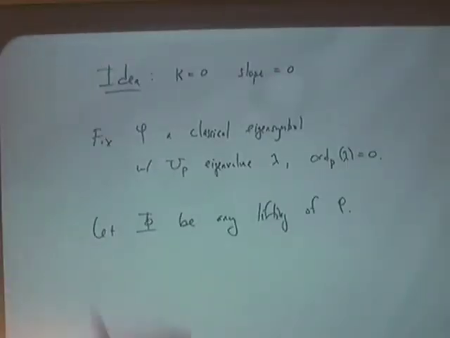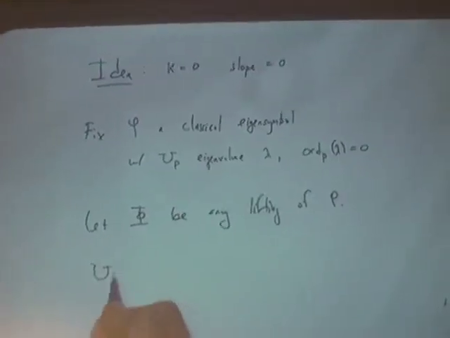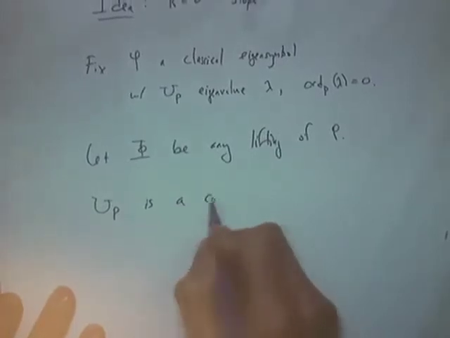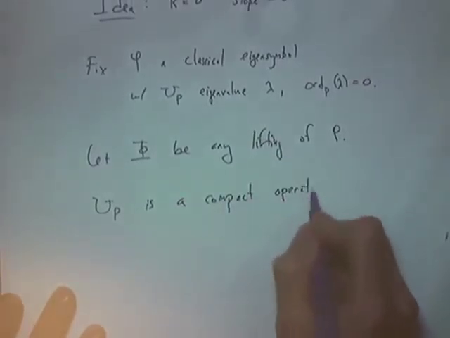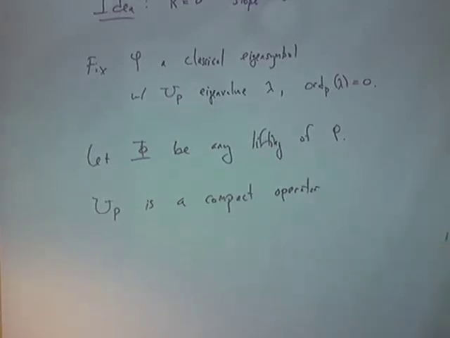And just a little bit of terminology. U_p is a compact operator on these spaces of overconvergent modular symbols, or people use the word completely continuous. They're synonymous. This is a phrase from functional analysis, even if there's nothing p-adic going on. It's just a nice operator. And in particular, compact operators have their eigenvalues tending to 0.